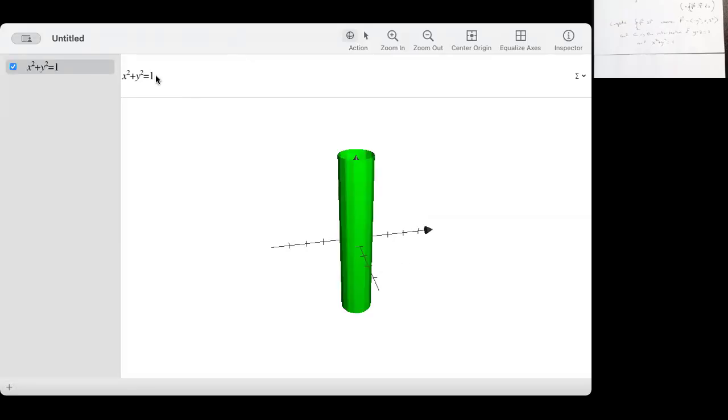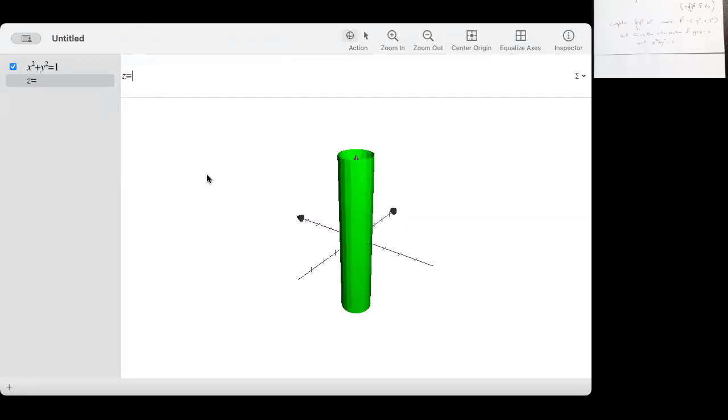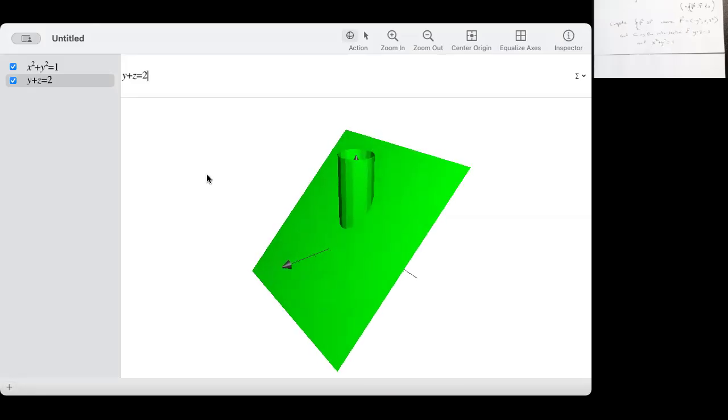The cylinder of radius 1. Perfect. And then the new equation, y plus z equals 2. What's that equation look like? It's a plane, z equals 2 minus y, so it's slanted that way.